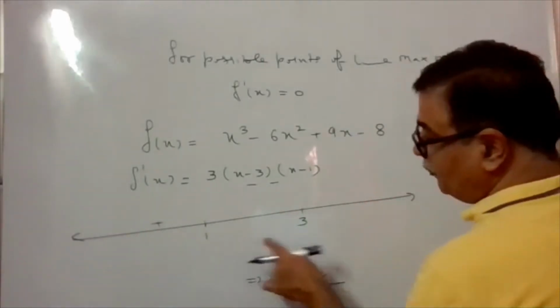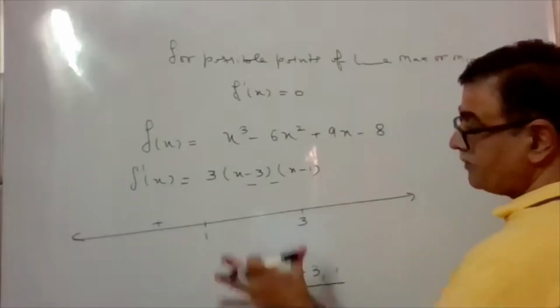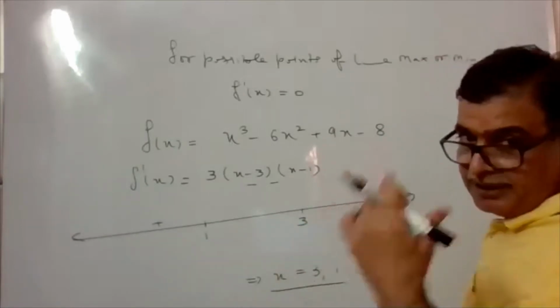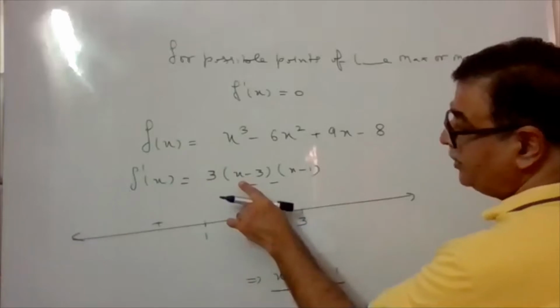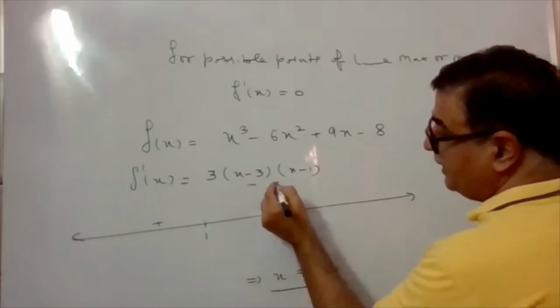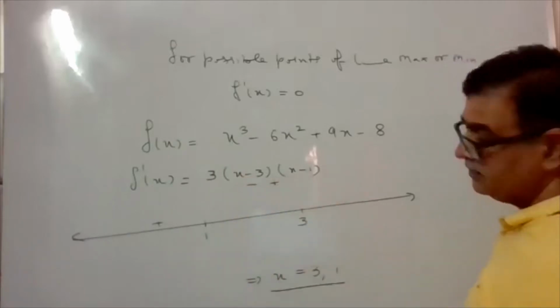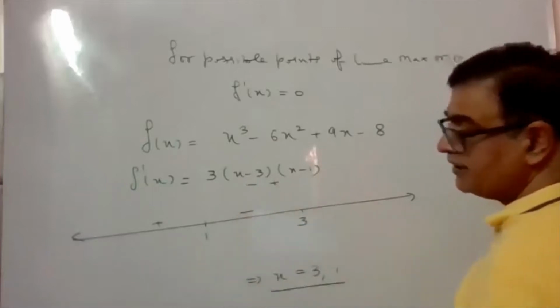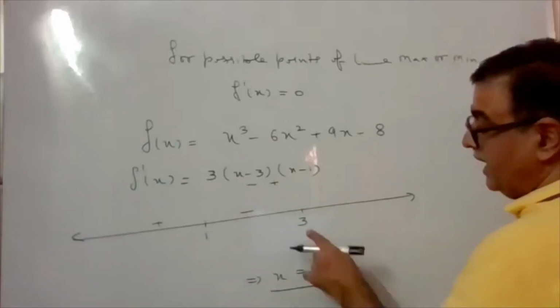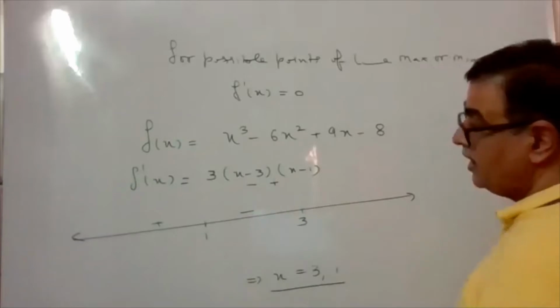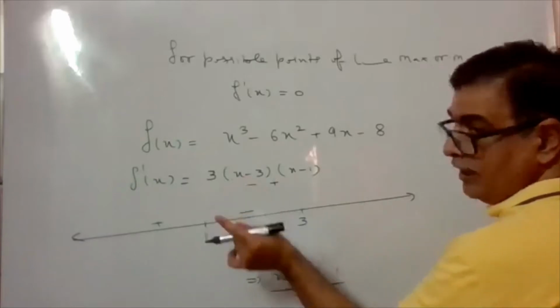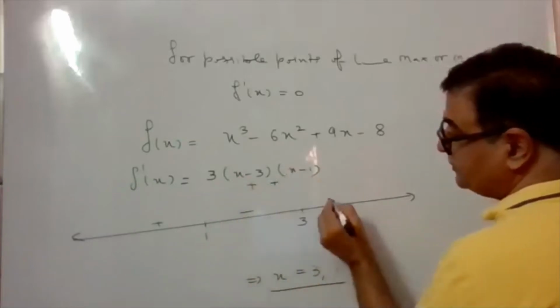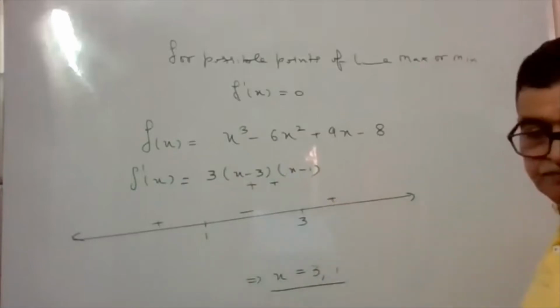Then we go between 1 and 3, example can be taken 2. When you take 2, this will be minus, but this will become plus, so net comes out to be minus again. Then we go above 3. Above 3, I'll take 4, and it will be plus and plus, so it will be indicating plus.